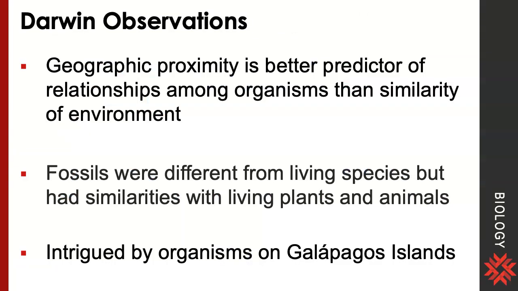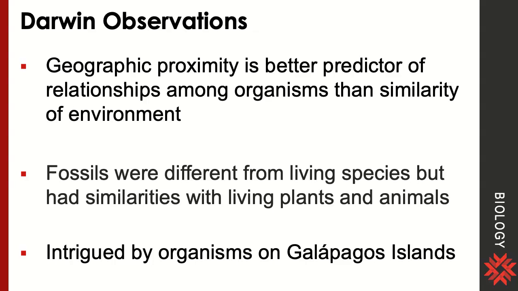In particular, Darwin saw through all of his travels that geographic proximity is a better predictor of relationships among organisms than similarity of environment. So what does that actually mean?